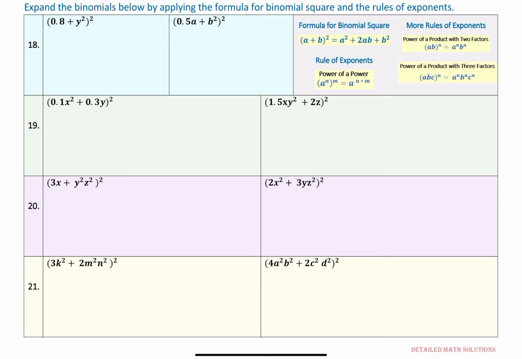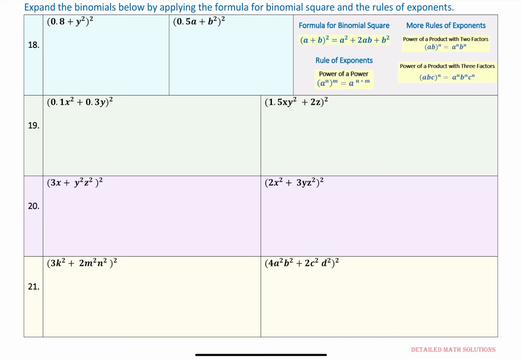First binomial, (0.8 + y²)². So first step, I'm going to apply the formula for binomial square. In this binomial, 0.8 is our first term, and it corresponds to the a in the formula. y² is the second term, and it corresponds to the b in the formula.